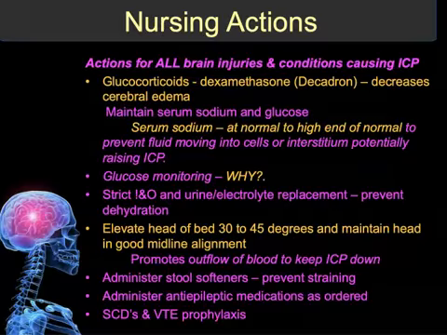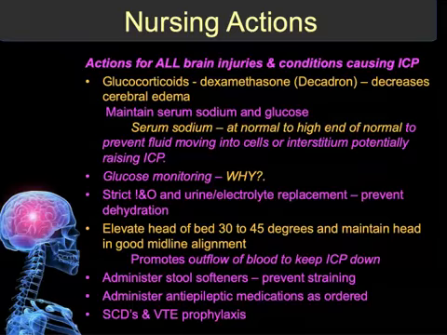Obviously, we need to watch their fluid intake and output very strictly with these patients, very comprehensively, so as we prevent any kind of dehydration. Patients who get dehydrated can have a decrease in the volume and cause a significant impact on overall outcomes. The head of the bed really needs to be elevated, and not only that, the patient needs to stay midline.